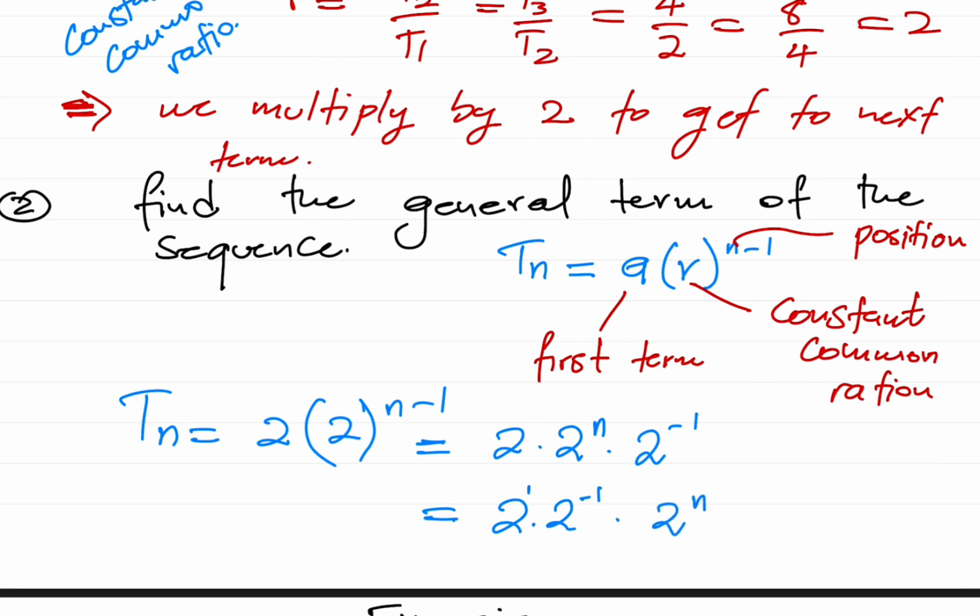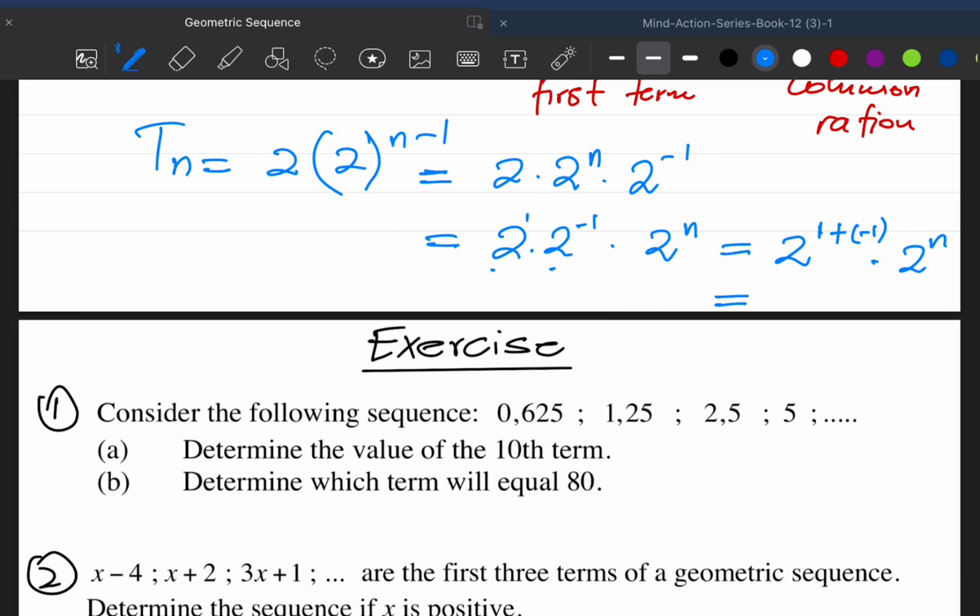So here we have your 1, so this means we have 2 to the power of 1. We keep the base, we add the exponent: 1 plus minus 1, times 2 to the power of n. So our answer here, we know that 2 to the power of 1 minus 1 is 0, and everything to the power of 0 is 1. So our answer is 2 to the power of n.